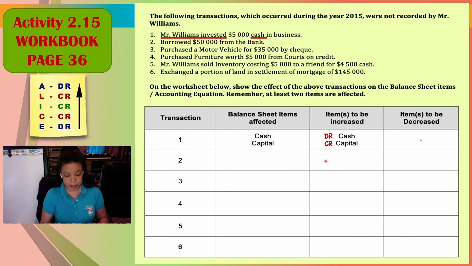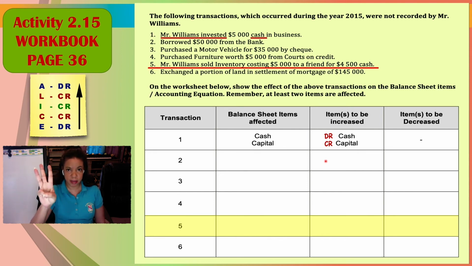They must be equal. Reason why I'm saying that too is because for number 5, you are going to end up with, here's a hint, 3 items. So 3 balance sheet items. And for that one, if you can, I would like you to put the figures for it.